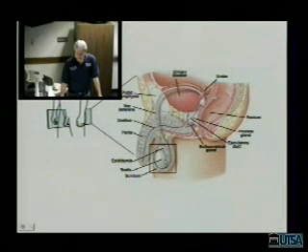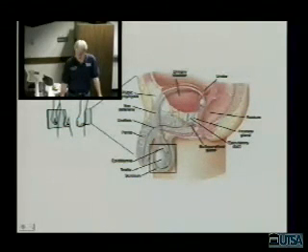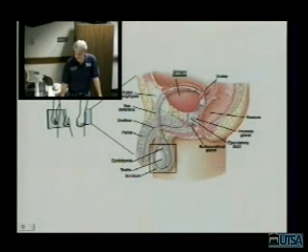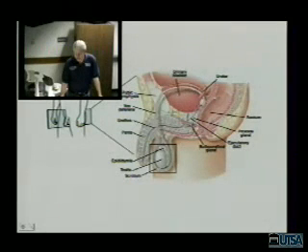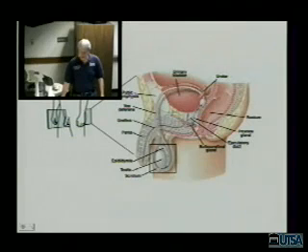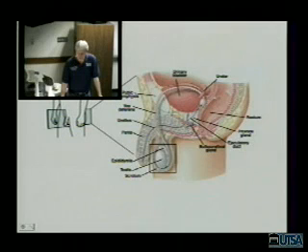And, of course, a quick review of the male reproductive organs pertinent to our studies: the testes, the epididymis, the vas deferens with the seminal vesicle and the prostate gland, and the lumen of the seminal vesicle being continuous with the ejaculatory duct through the prostate gland, and then to the urethra that has a prostatic portion, the membranous portion, and then the penile urethra.